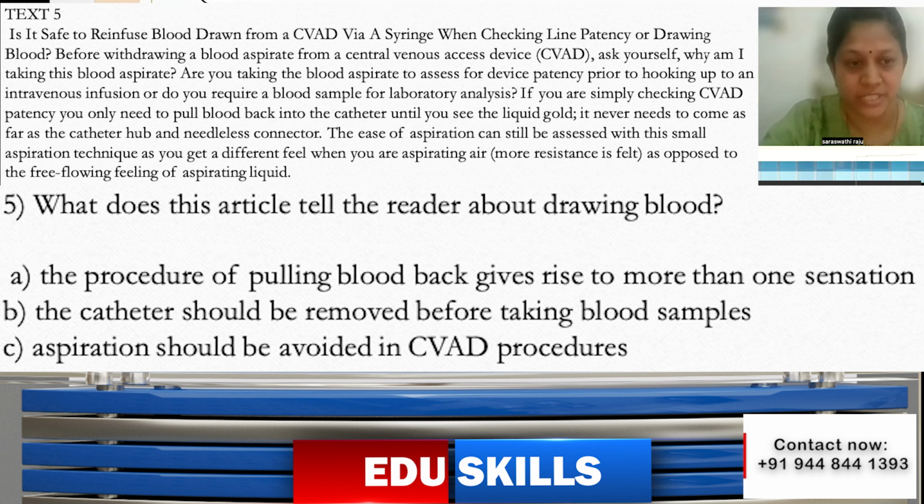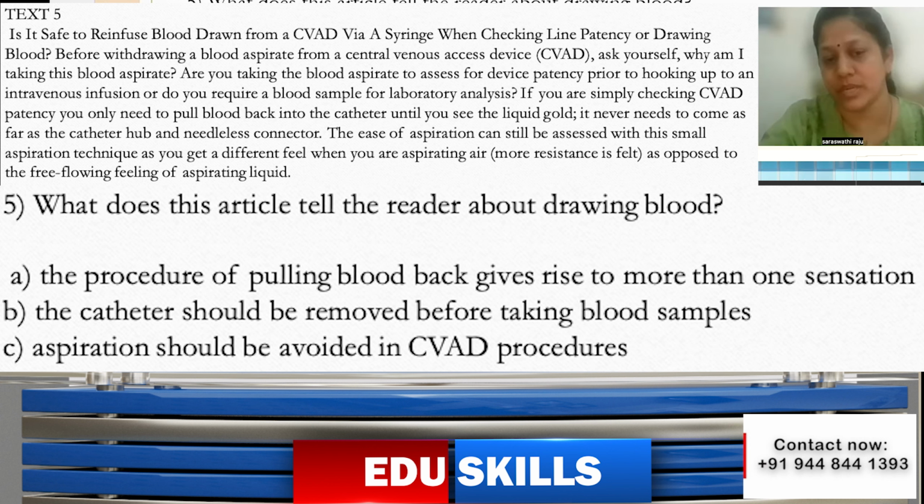This is the edging word here. The catheter should be removed, that is before taking the blood. Anyway, we are talking about drawing blood, right? So our keyword here is should be removed before taking the blood samples. Option C is aspiration should be avoided while we are doing this CVAD procedure.